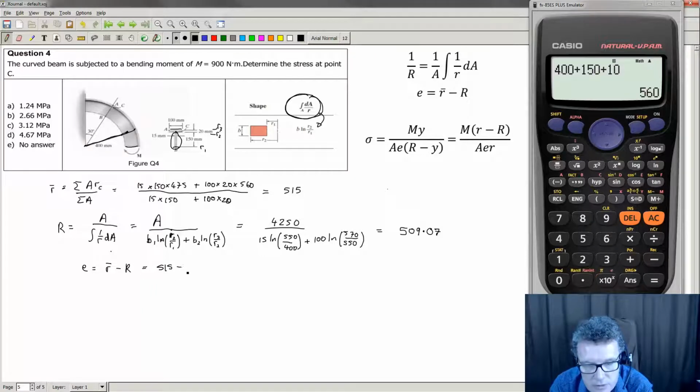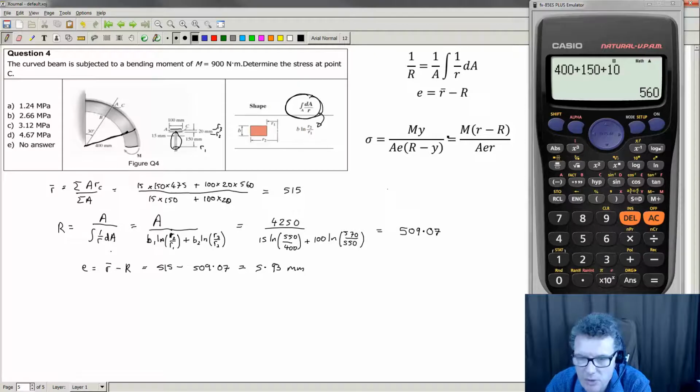So 515 take away 509. Again, these are of course going to be in millimeters.